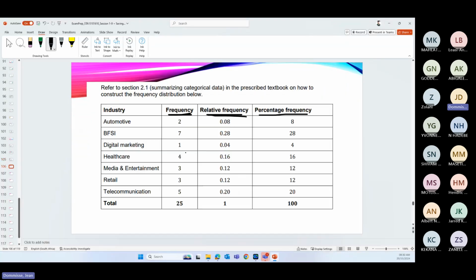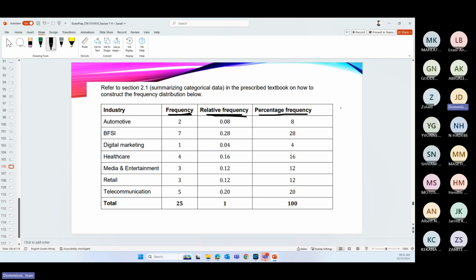Then the other thing, just to add to this question, is that it's not like bands of numerical data. So in your frequency table, you can't for this one have a cumulative frequency, because it does not make sense to say there's a cumulative frequency for automotive and digital or whatever. Whereas if it was numerical values and it was kilograms, one could have said up to 5 kilograms or up to 10 kilograms, and then a cumulative frequency would make sense.